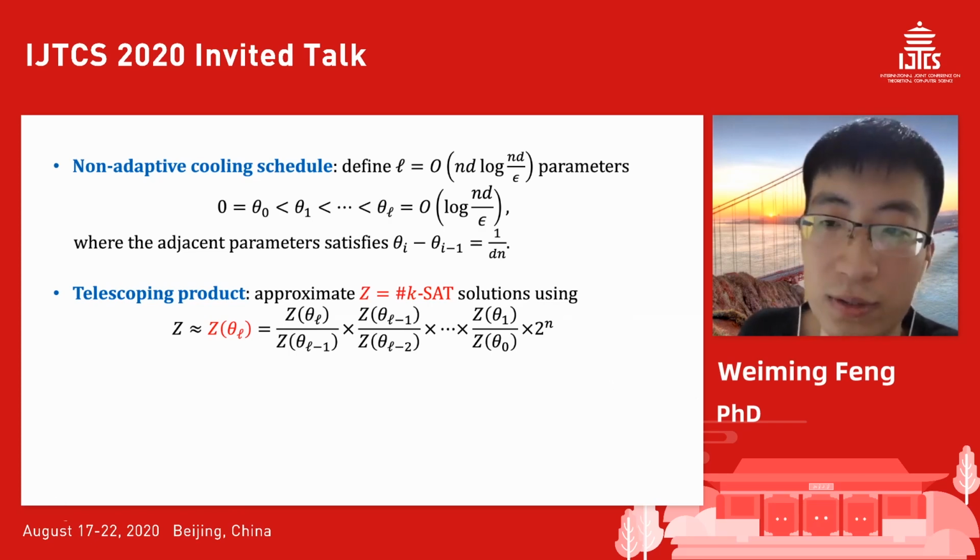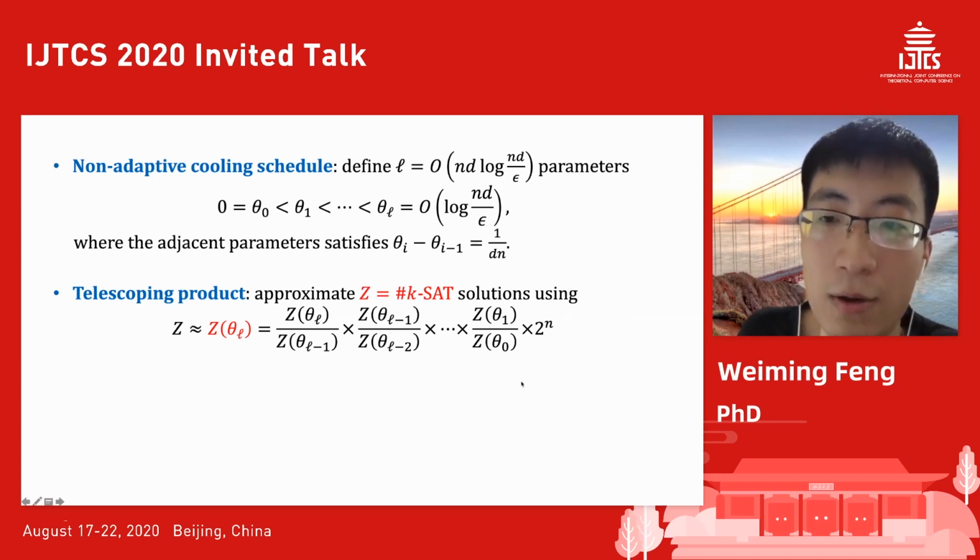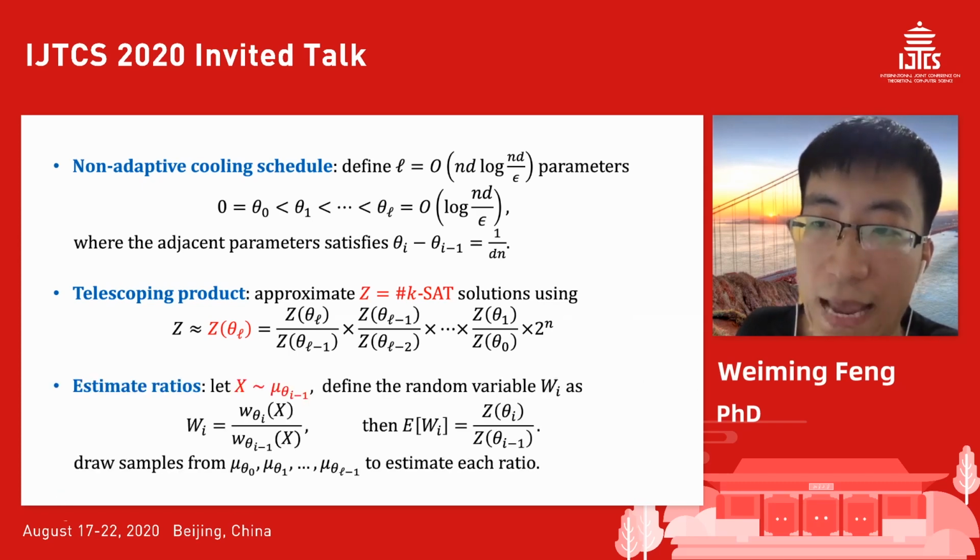The equation holds because Z at theta 0 is precisely 2 to the n. Now our task is to calculate every ratio in this telescoping product.